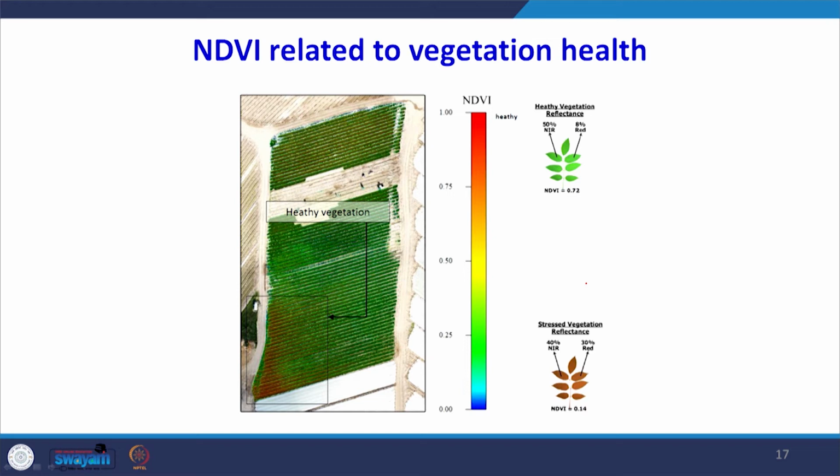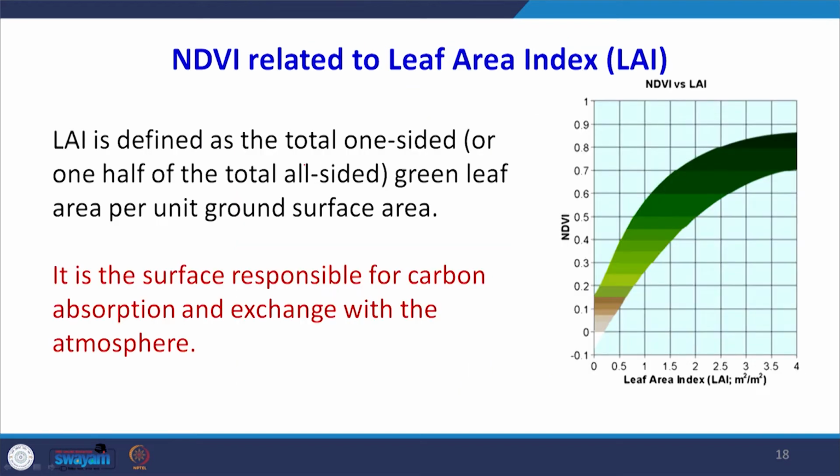So we get very low values, and this is an example where one image is shown, and you can get a totally different tone for healthy vegetation, and a totally different tone of the image once you are getting the stress data. But numerically also you can identify the range, and find out which fields on the ground have stressed vegetation cover.